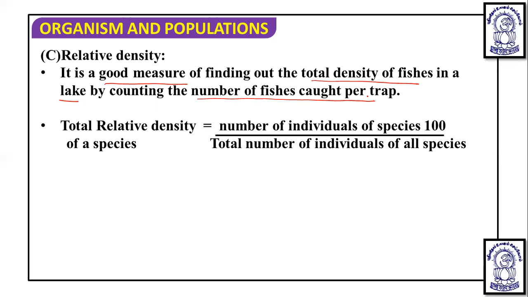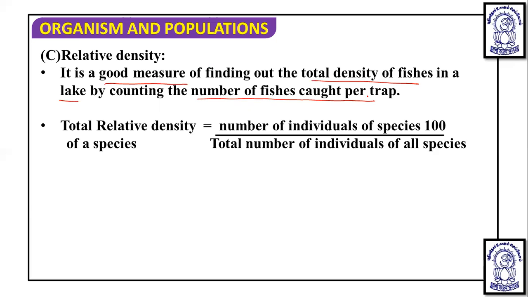Similarly, total number is not easily adaptable if the population is huge and counting is time consuming or impossible. When there are millions of minute organisms, we cannot count them by the total number. For example, it is impossible to measure the density of a dense laboratory culture of bacteria. If there is a bacterial culture in a petri dish, we cannot count the number of bacteria. So total number is not feasible for these laboratory cultures.